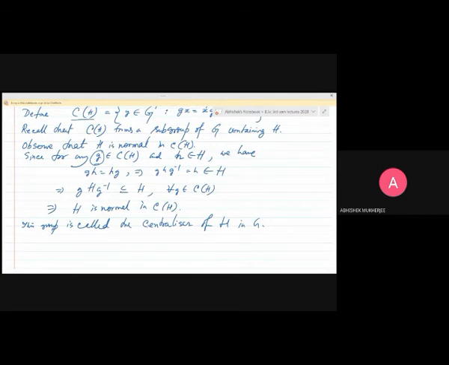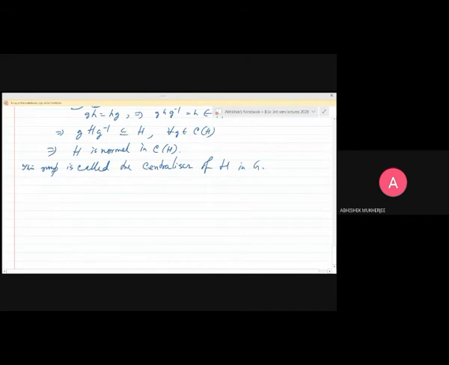And again, now if we define the set N(H), what does it mean?